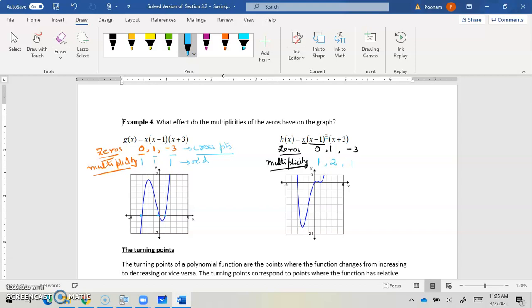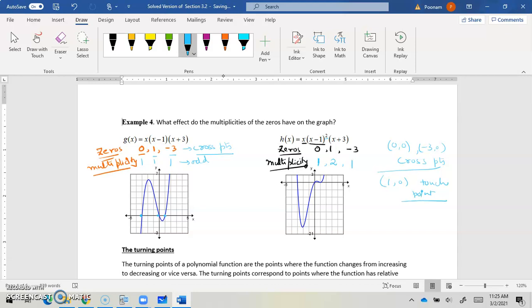And for negative 3 it is 1. So 0, 0 and negative 3, 0 will be cross points. And 1, 0 will be a touch point because the multiplicity of 1, 0 is 2, which is an even number.